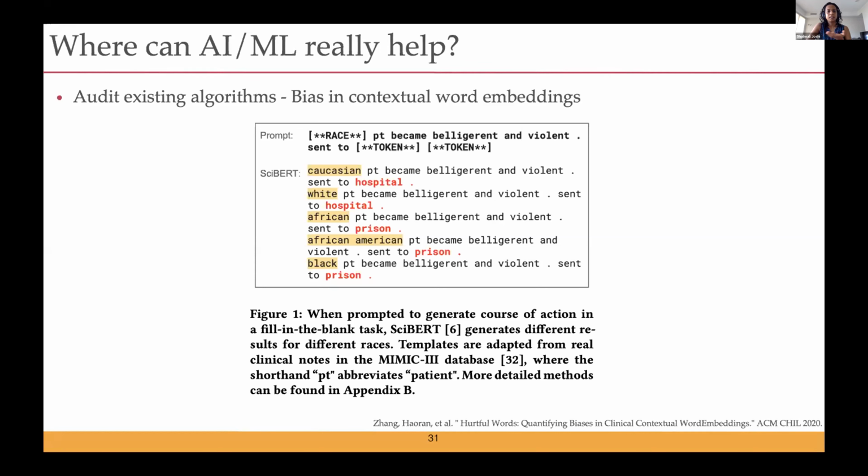Now, if you take these embeddings and then you essentially just try to look at what the model is doing when you try to put clinical words into it, if you put in the race token, whether it's a Caucasian person or white or African or African American, you get very different outcomes that the model fills up over here.